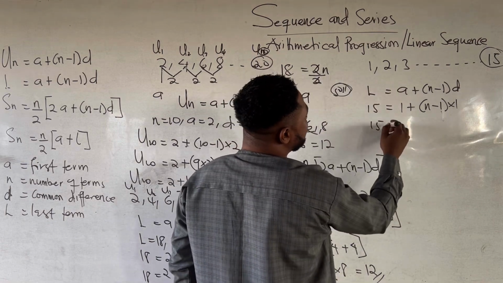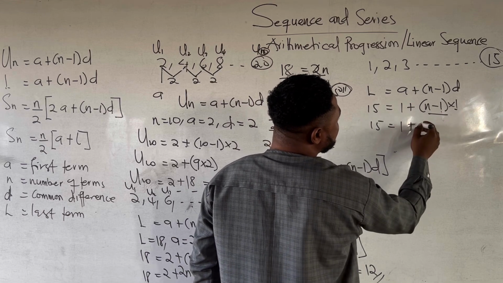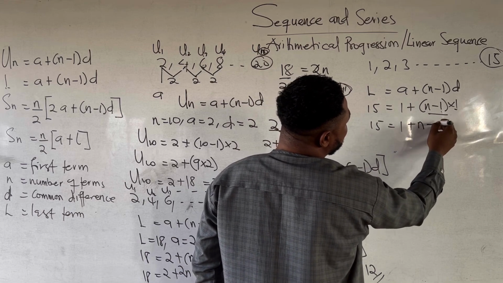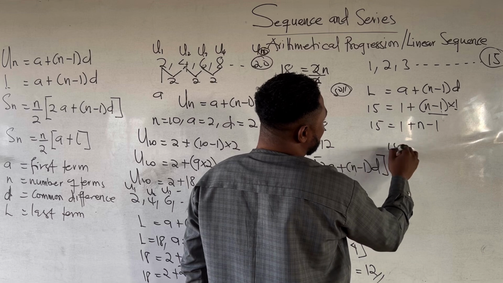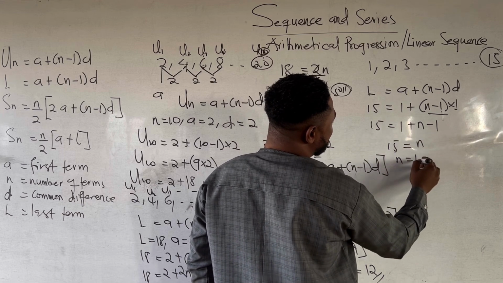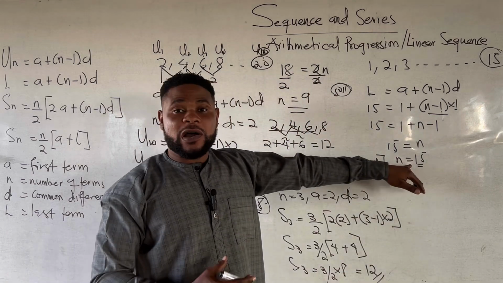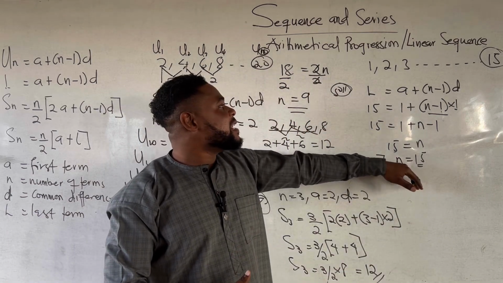So we have 15 here, 1 plus, when we use the 1 to multiply this, we are going to get n minus what? 1. Therefore, our 15 will be equal to what? N. We can say n equal to what? 15.